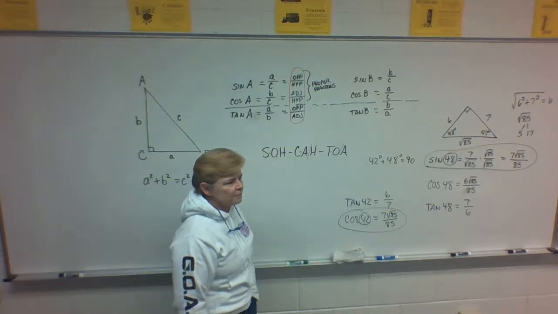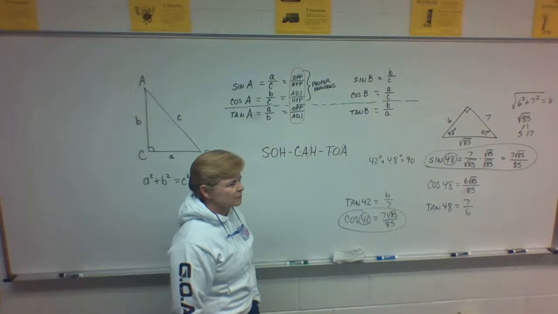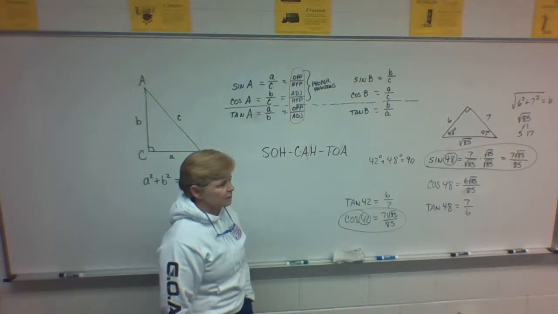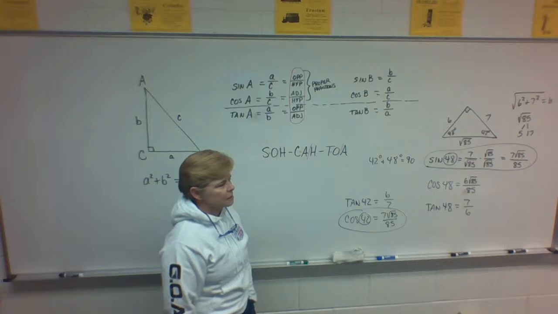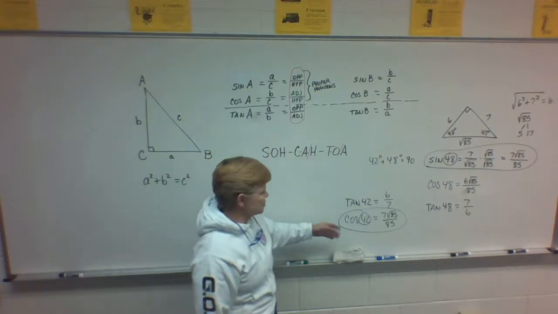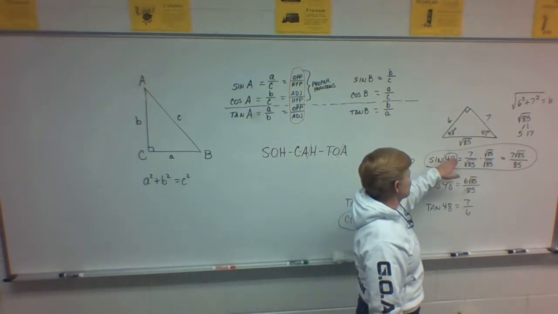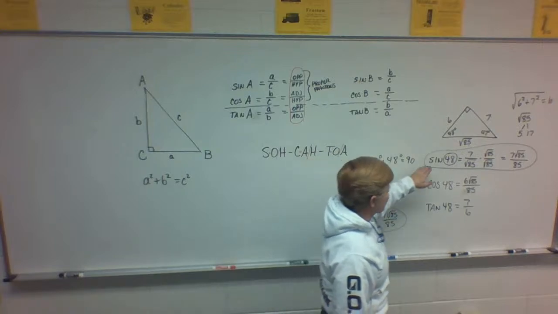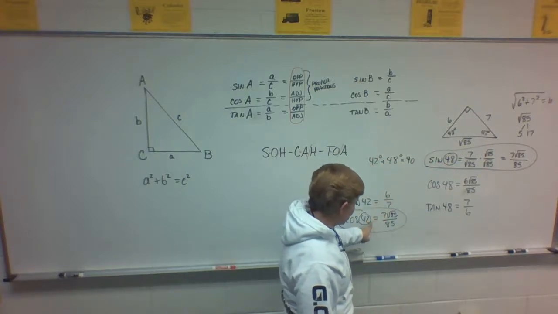Does that make any sense to you? You can tell that from this because the cosine of 42 had the exact same value as the sine of 48, and 48 and 42 are complements. So the sine of this angle is equal to the cosine of that angle's complement.